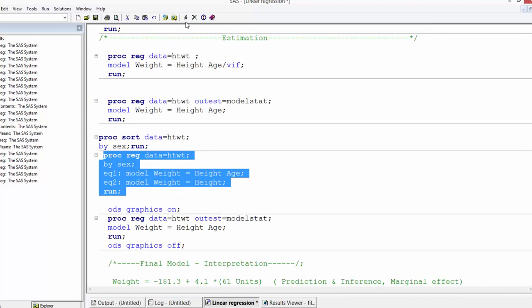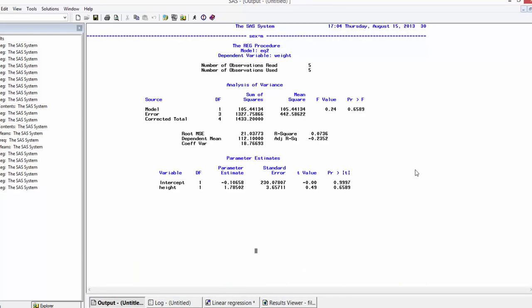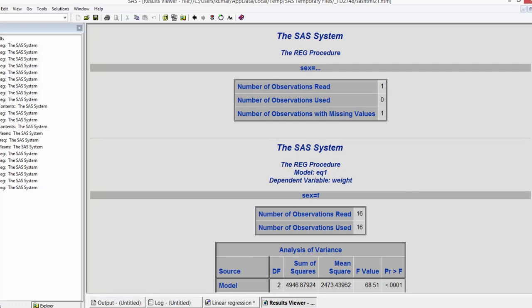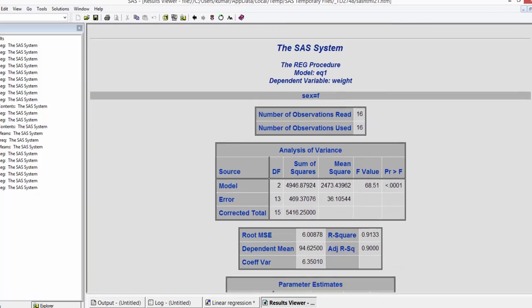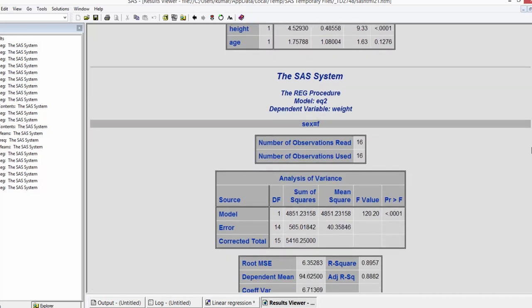Now we will run this. Alright, now in the output you can see that you have separate models for male and female. You can see equation 1, because we have got two equations bound, and sex here is female. We have 16 observations in the female population, and using that many observations the model has been built. In the next output you can see equation 2 has been built for sex equal to female.